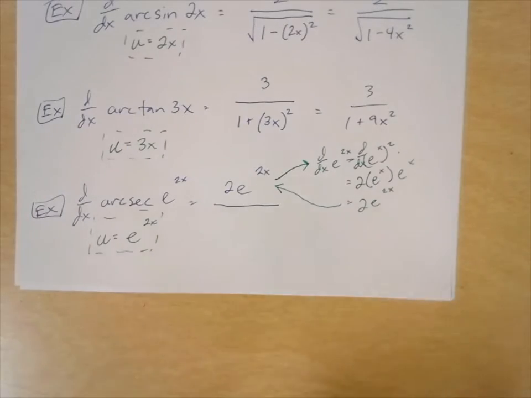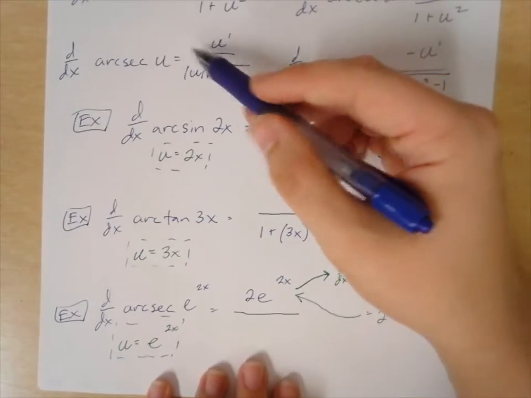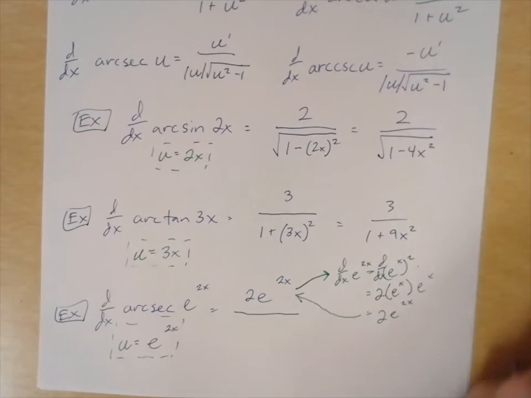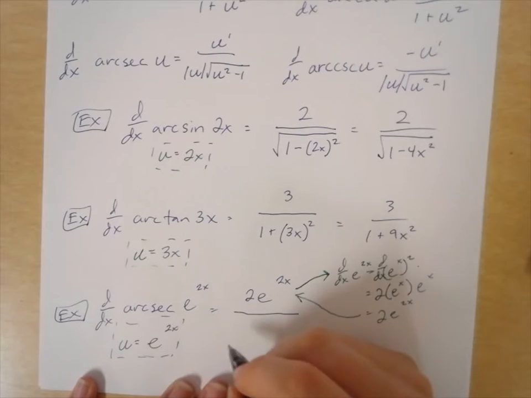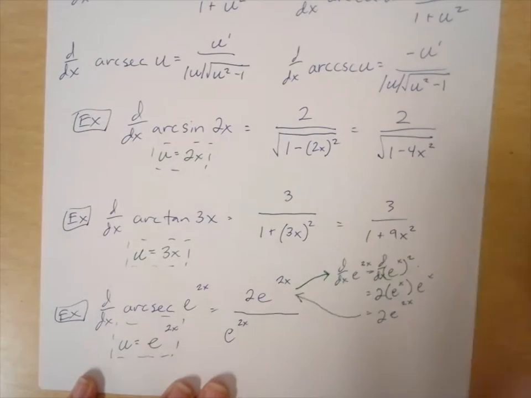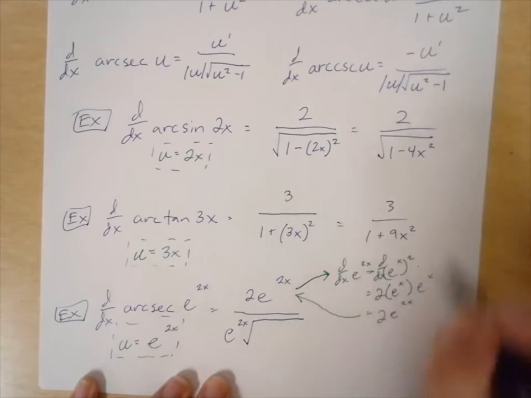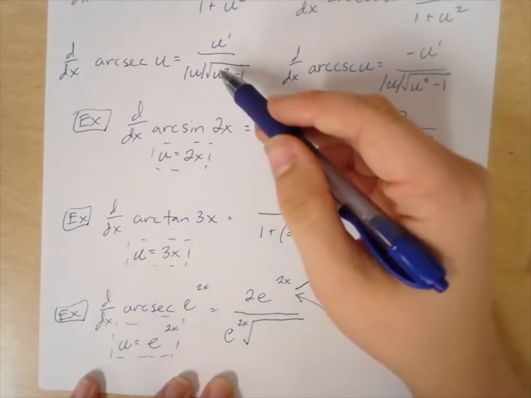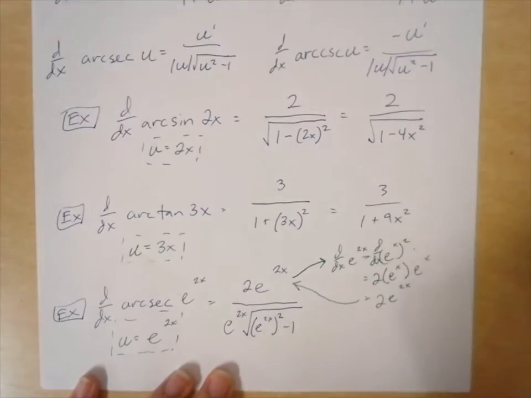Okay. And then let's follow the rest of the inverse of secant's derivative rule. If we look at the bottom here, we still need to do the absolute value of u, and the absolute value of e to the 2x is e to the 2x, so that doesn't change anything. And then we say times the square root of e to the 2x squared, pardon me, minus 1.